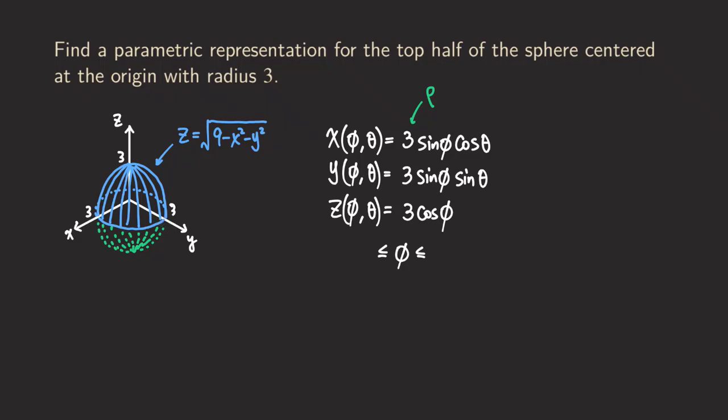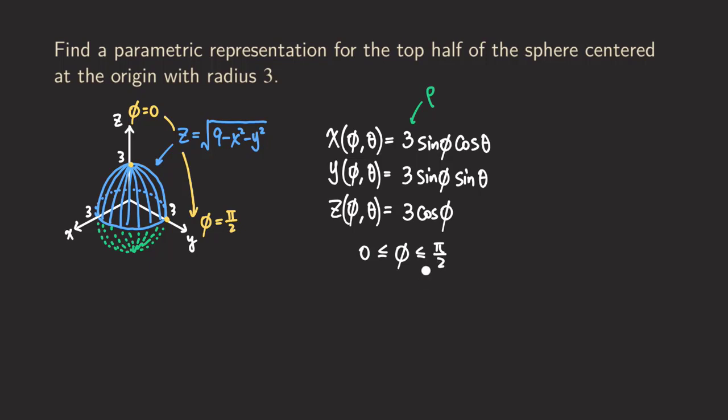From 0 to pi over 2. So you get 0 to pi over 2. To show that, I can show it right here. Start with phi equals 0 right here, and then it will go down this way all the way until we hit this point, as you can see. So you can see that we get phi equals pi over 2. Okay, so phi goes from 0 to pi over 2.